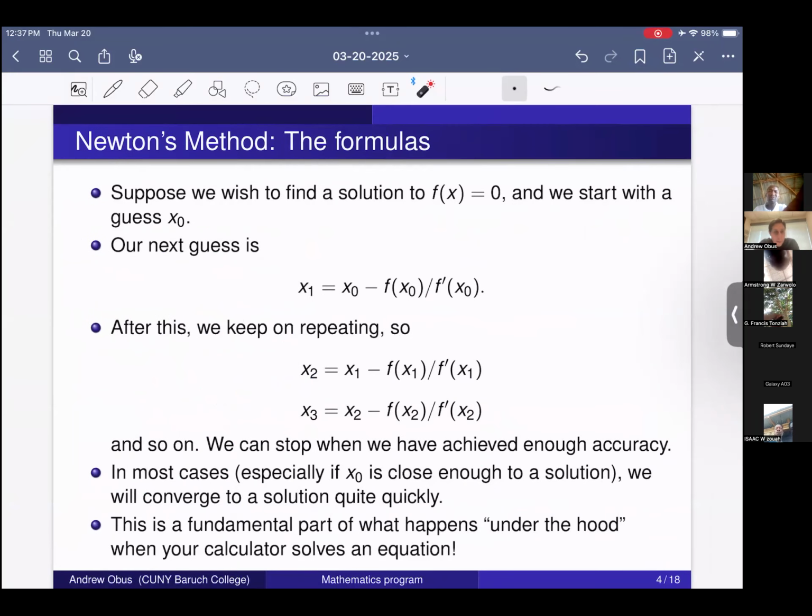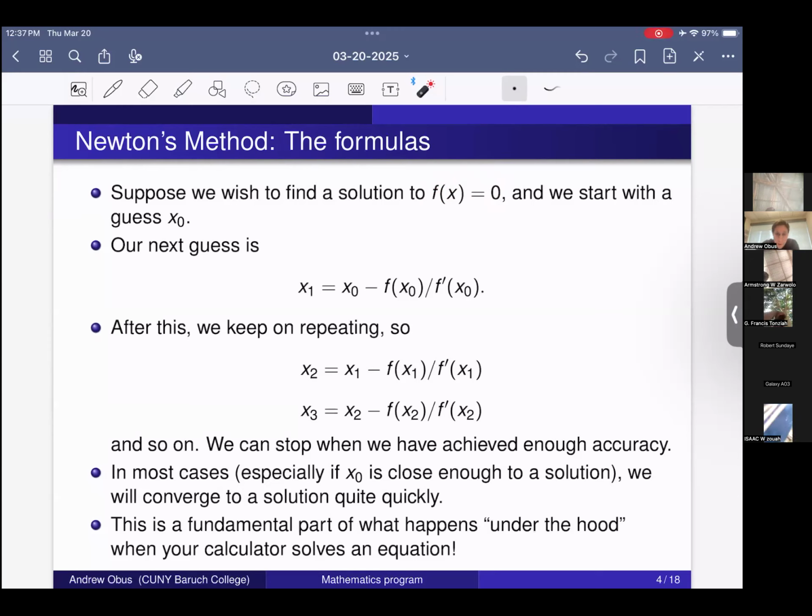Okay, so the other topic that we did last time is called Newton's method. Let's say that we're trying to solve an equation of the form f of x equals 0. Your calculator can solve these equations. Wolfram Alpha can solve these equations. A graphing calculator can solve equations.